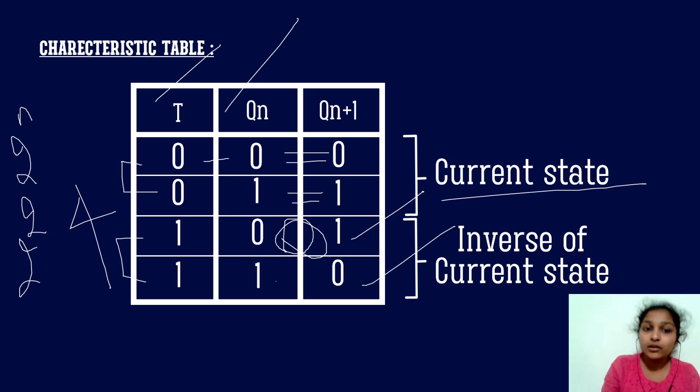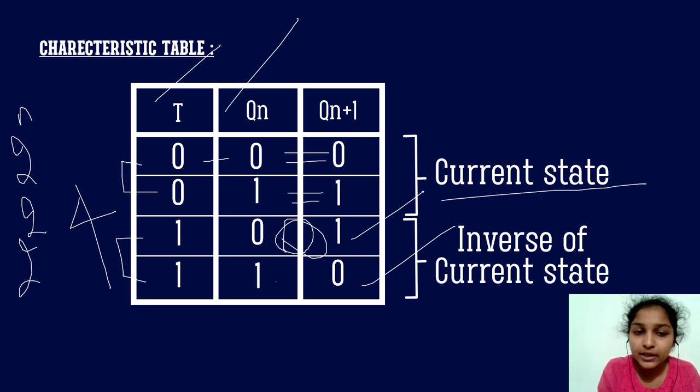To summarize it again very quickly, when T is 0, whether the current state output is 0 or 1, the next state output will be exactly the same as the current state output, like we saw here.